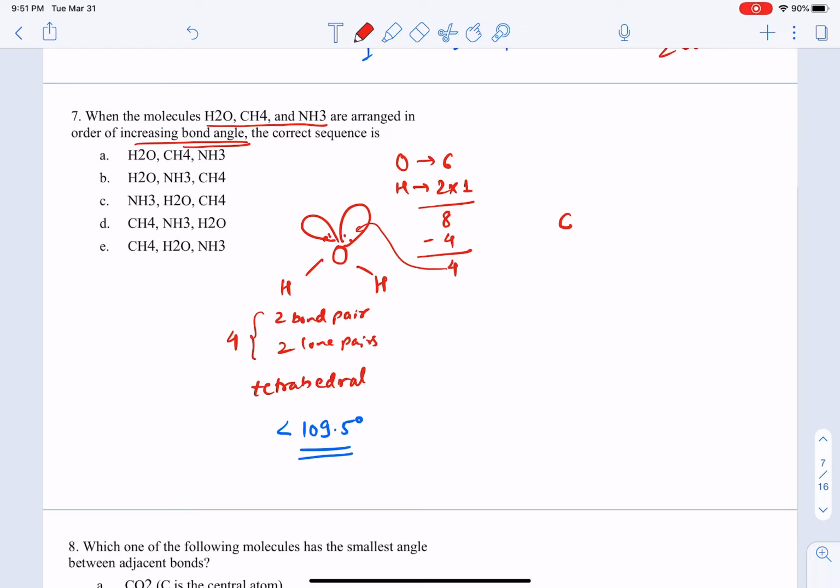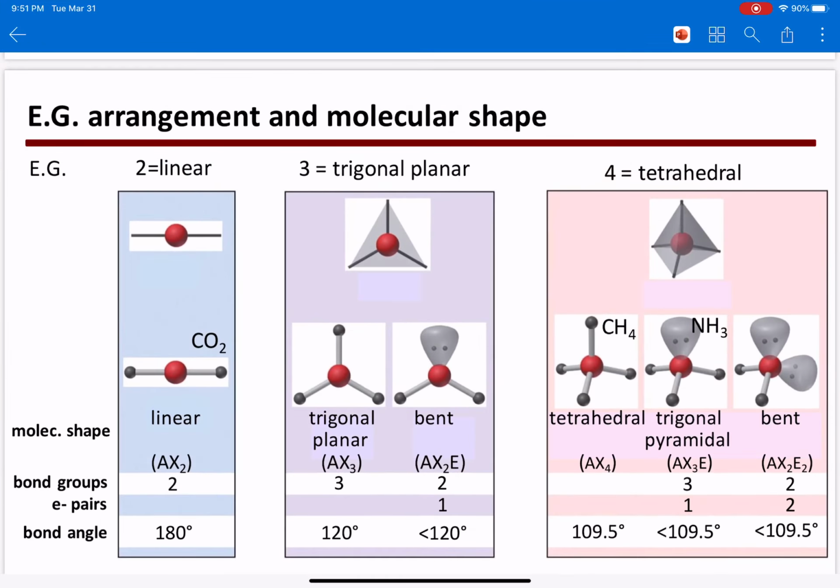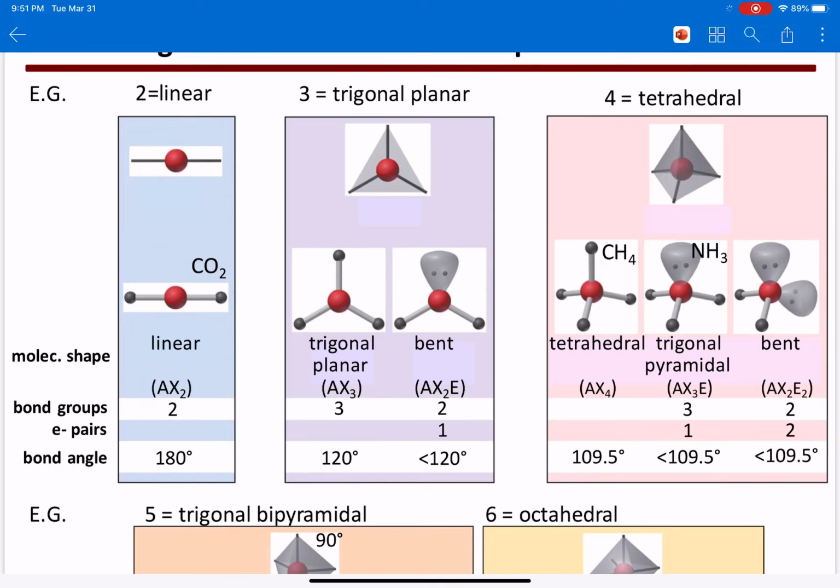Okay, next we will see for CH4. I'm not doing the same calculation again, it's simple. So we will have something as CH4 and there is H. So this again is tetrahedral, 4 bond pairs, okay, and 0 lone pairs. So this will be the difference here. If you check again, this is different. This one is purely tetrahedral.